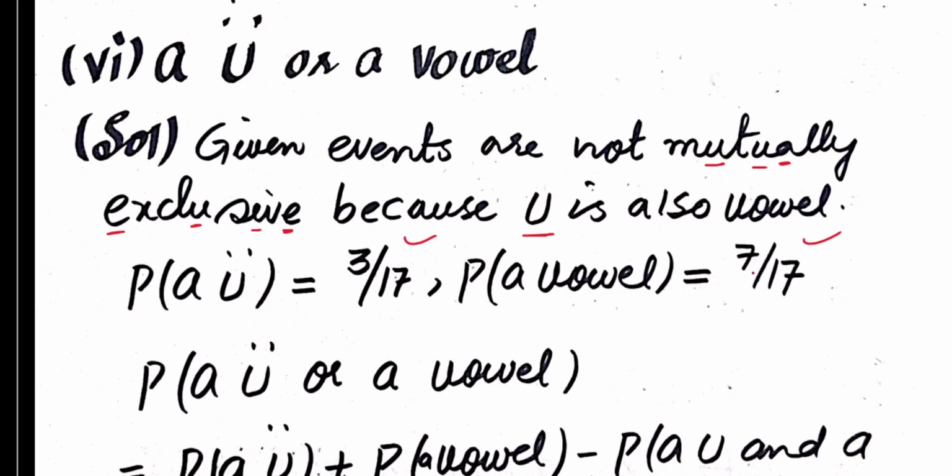Yes, so probability of a vowel is 7 over 17.